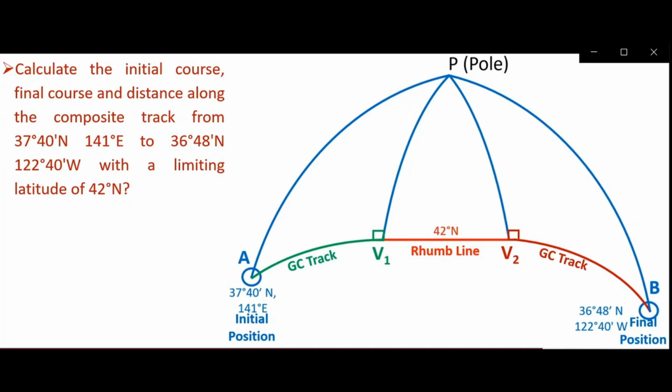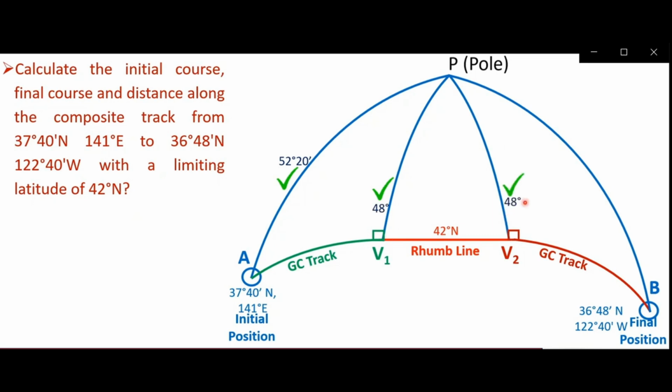Now we mark off parts that we can calculate. Now, PA, we all know, is colat of A, and value is 52 degrees 20 minutes. Then PV1 is the colat of V1. Now, V1 and V2 both lie in the limiting latitude, so their latitude is 42 degrees north. Therefore, PV1 is 48 degrees.